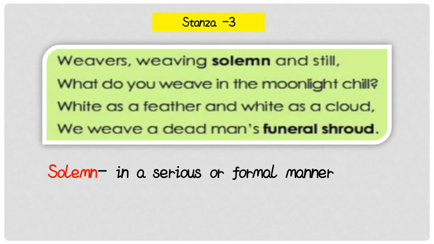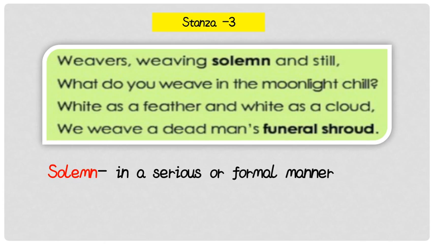What do you weave in the moonlight chill? Now see, in the second stanza she told about the evening time. Now she tells about the night. Moonlight chill means at night, full of cold.